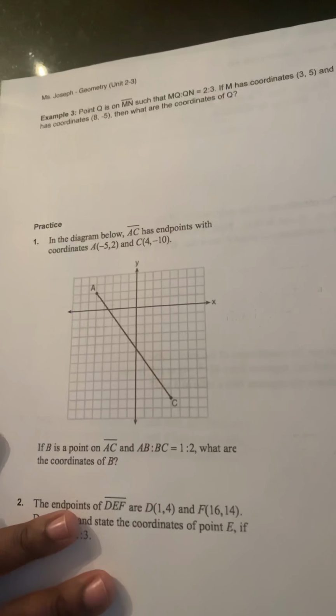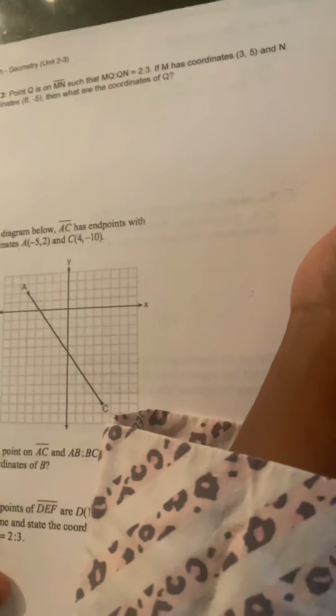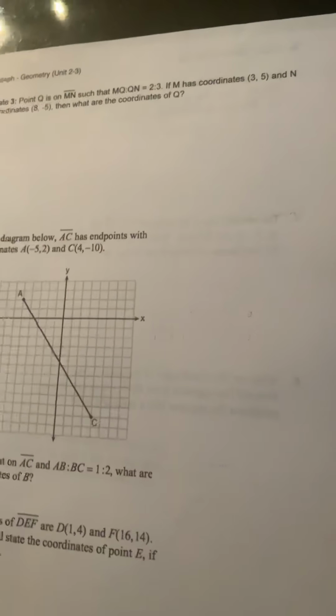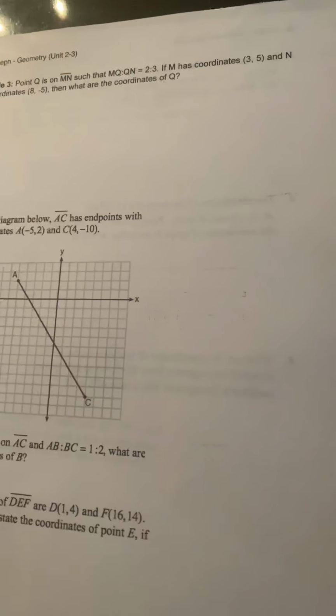So guys, I want you to put a star next to this question because this one is a unique scenario. The reason being is because they tell you what the coordinate of M is and what N is, and then they want you to find the coordinate of Q, all right?